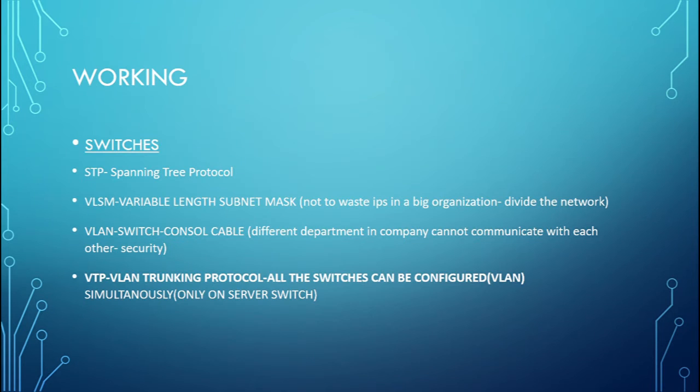Next, I will proceed with the working of the project. We will start with the switches. What are the basic concepts that we have used here in the project? Starting with switches, we have first used STP, that is Spanning Tree Protocol.